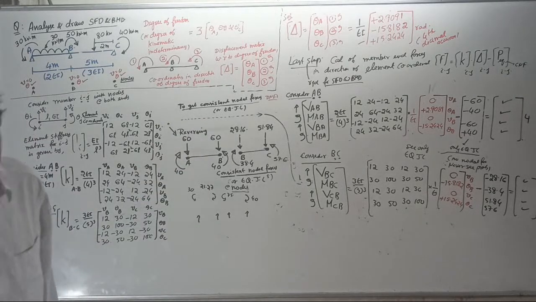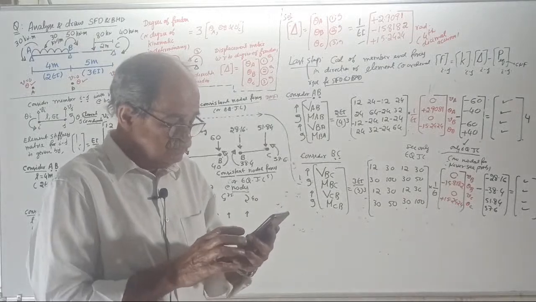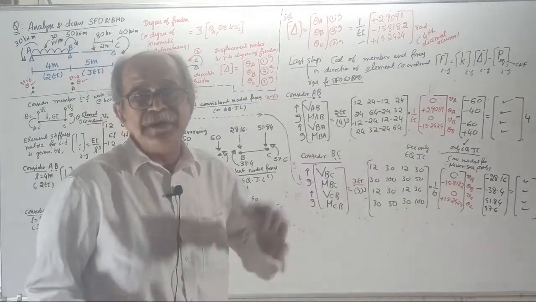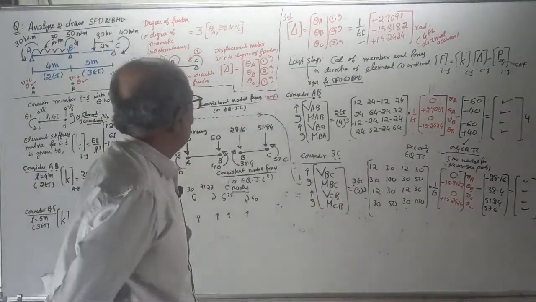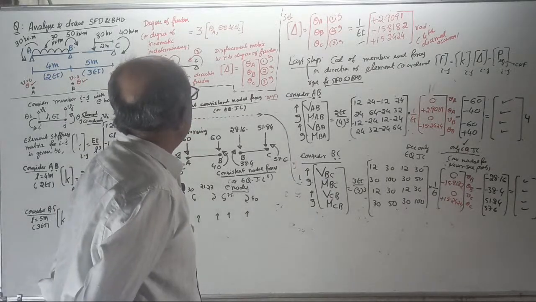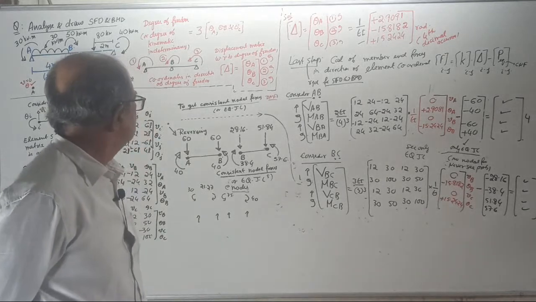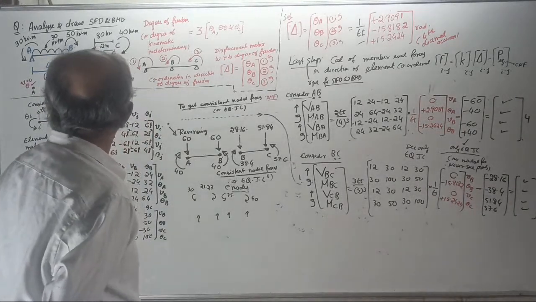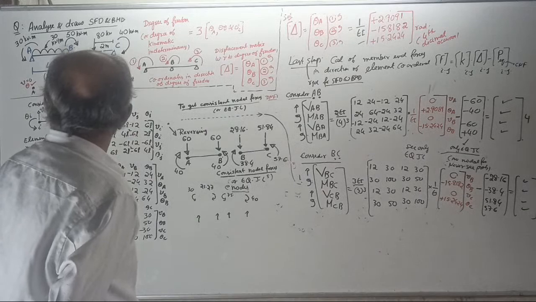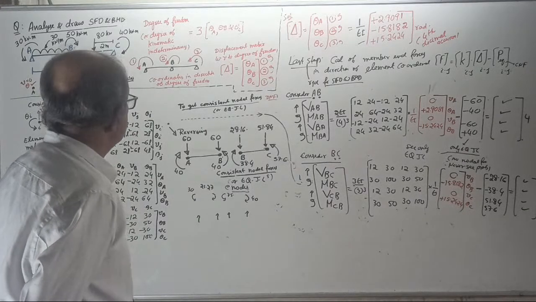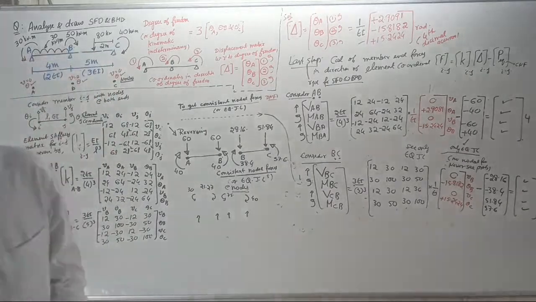If any calculation mistake is there, I'll check it later. Fast. You have to fill up the answer now. I hope there is no mistake. If anything is wrong, value will not tally. The moment at B, 50 clockwise. Is it correct? 50 clockwise? Okay.